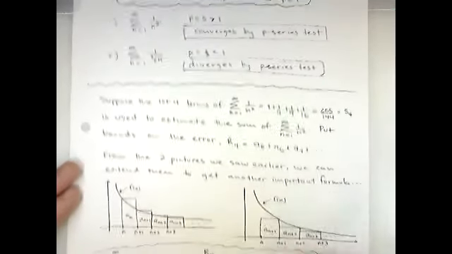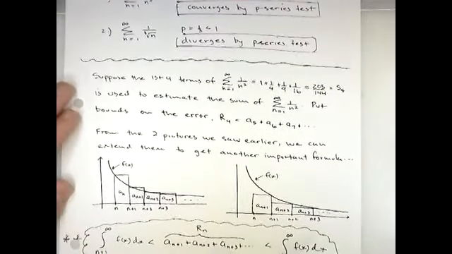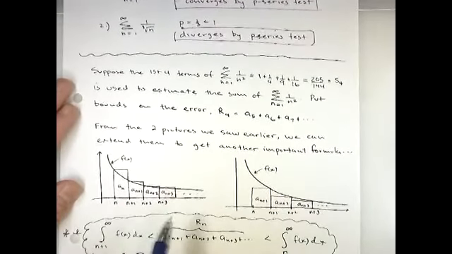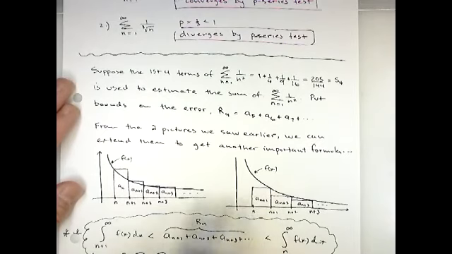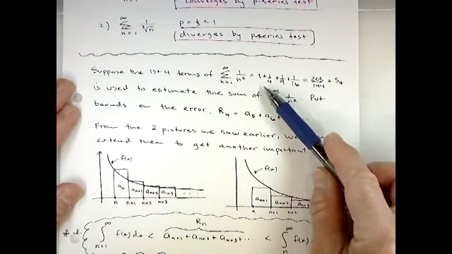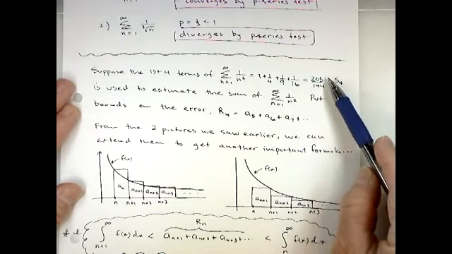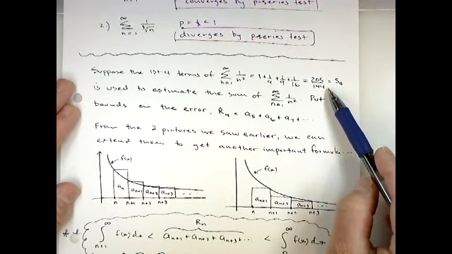One other thing about this integral test is we can also use a picture similar to the one we drew before to put an estimate on the error. And what I mean by that, let's go back to 1 over n squared. If you add the first 4 terms, s sub 4, you will get 205 divided by 144.